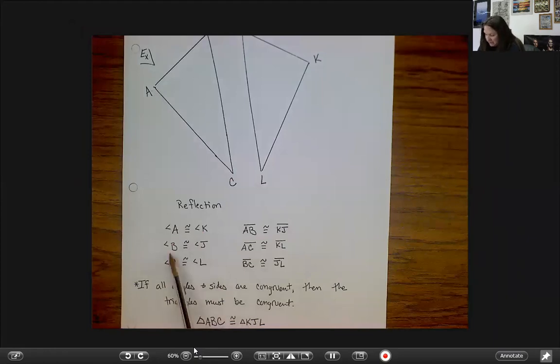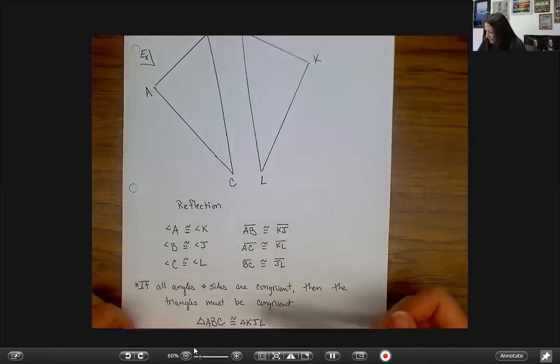Angle B corresponds with J, so if I wrote B second, J has to be second over here. And then angle C corresponds with angle L, so if C was my third letter, it has to be the third one here. When you write out that the 2 triangles are congruent, you have to align those corresponding angles within that statement.